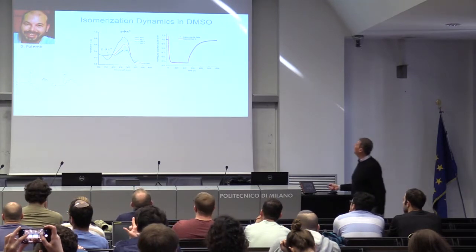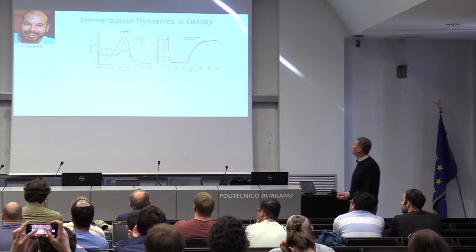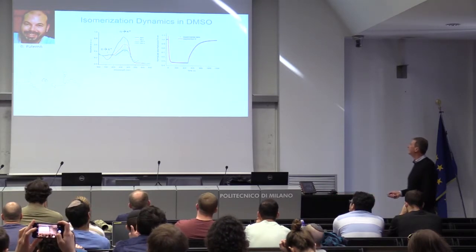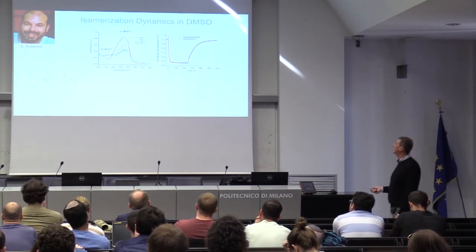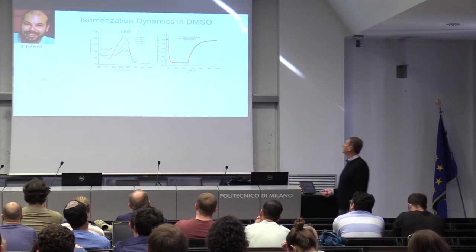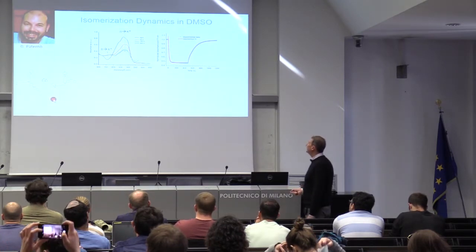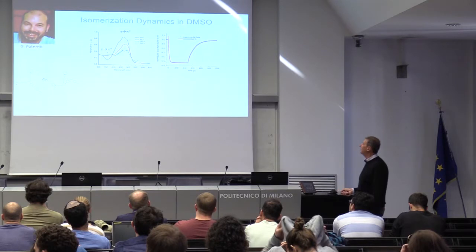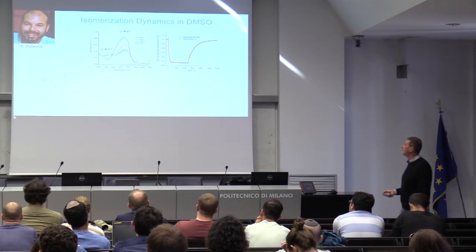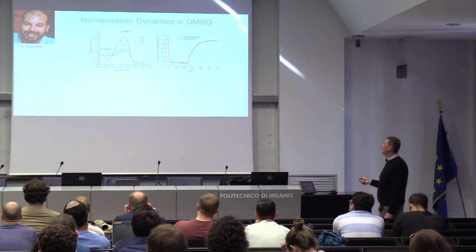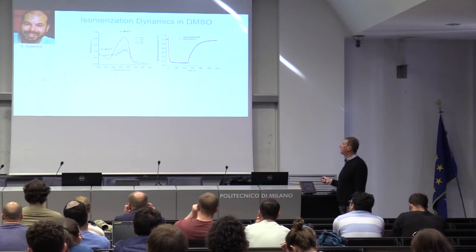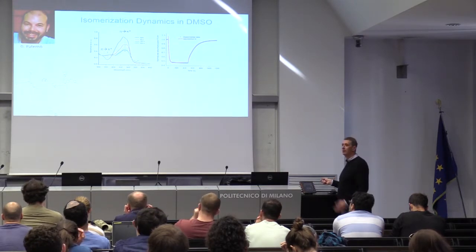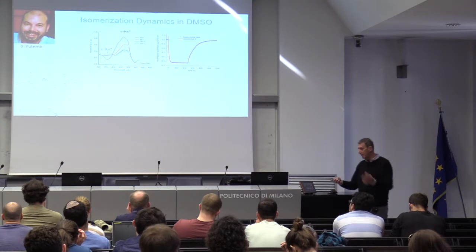Now, we were studying an old friend, which is azobenzene. Azobenzene is a photochromic molecule, and it's the kind of molecule that goes from the trans form to the cis form when you shine light. Very well known.